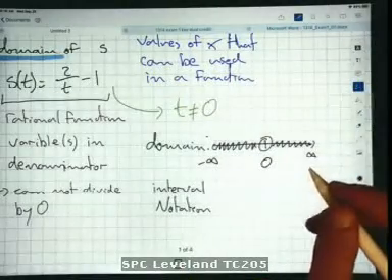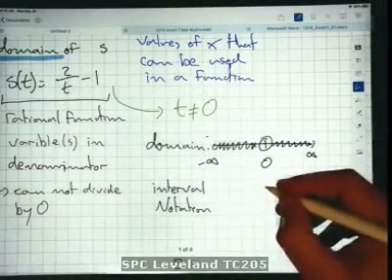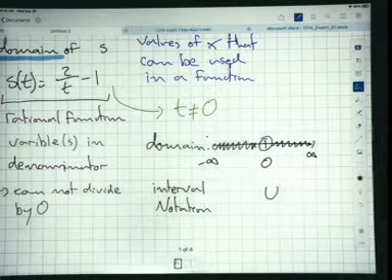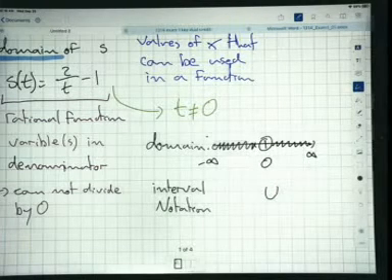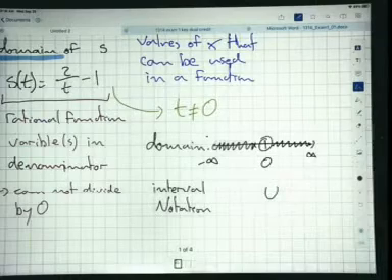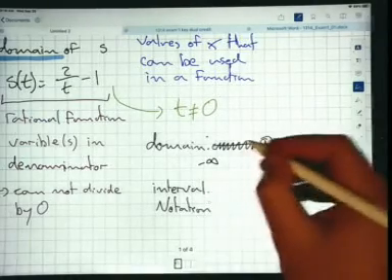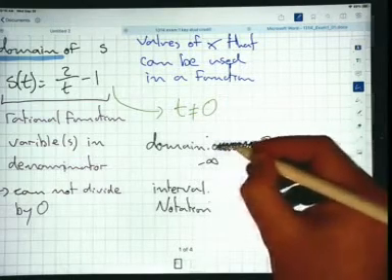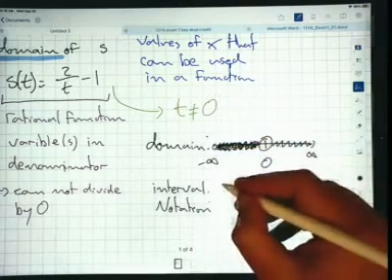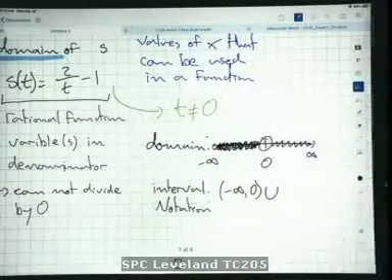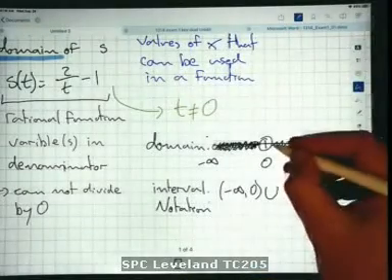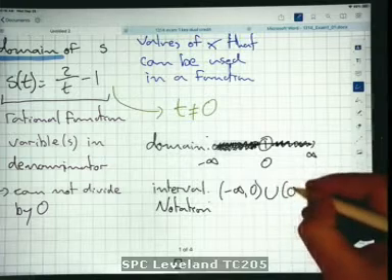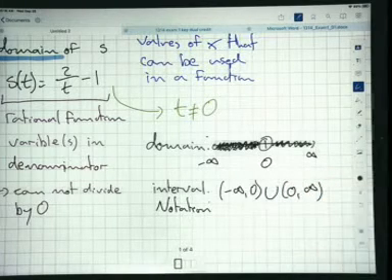We'd use the union symbol, because that means or. So what's the interval notation for this shaded region right here? How do we express this in interval notation? It would be a parenthesis, negative infinity, and then 0. And then over here we express it as 0 to positive infinity.